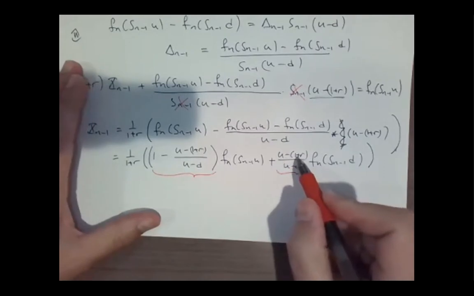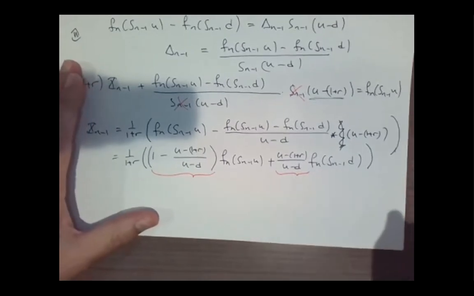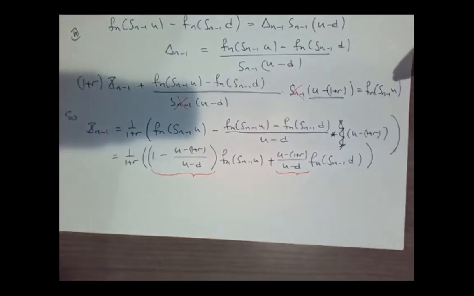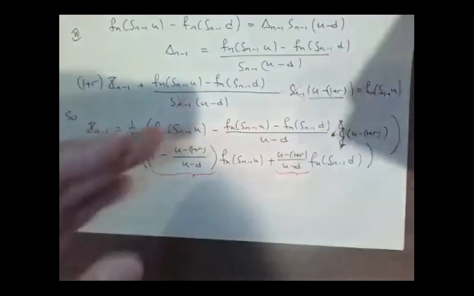What is u minus 1 plus r divided by u minus d? P risk neutral.